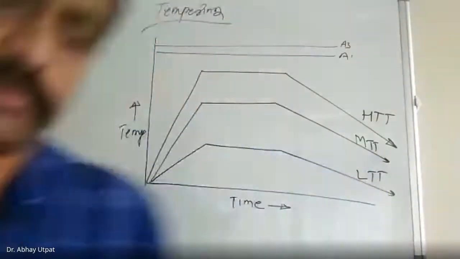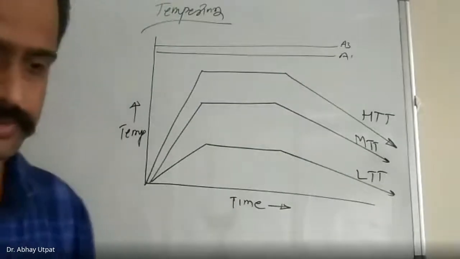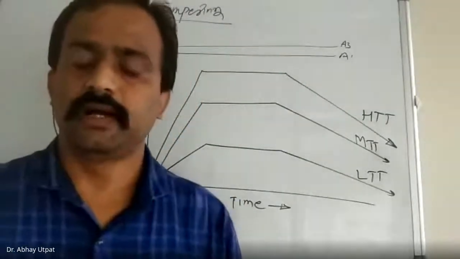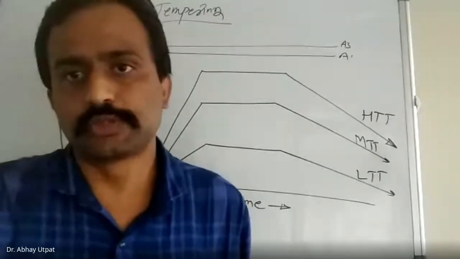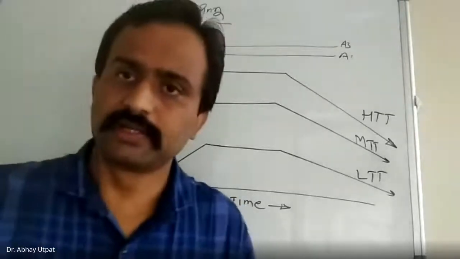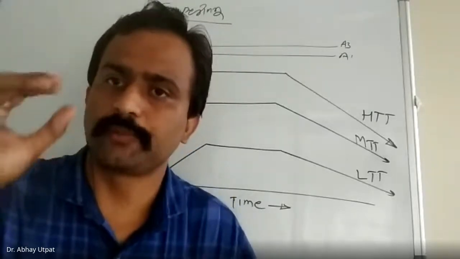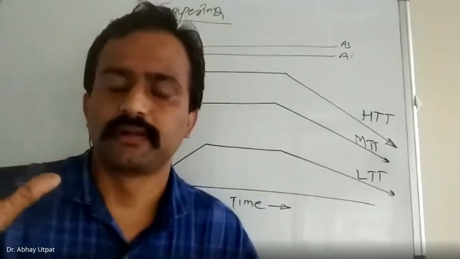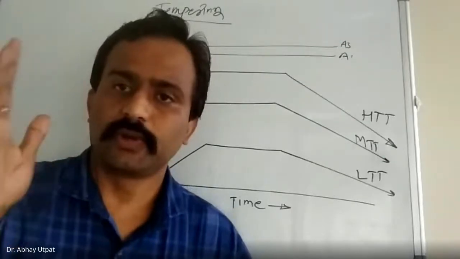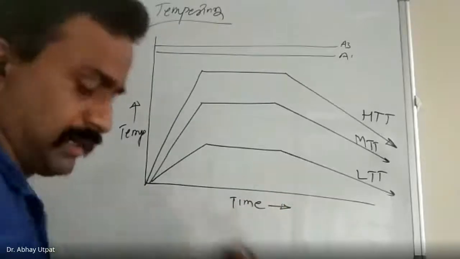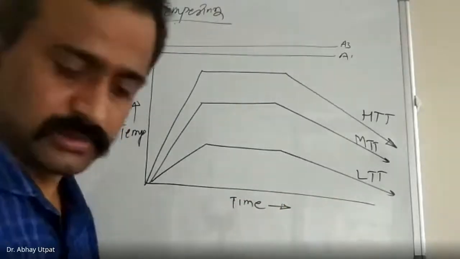So low temperature tempering means what? Hardened samples are heated in the range of 150 degrees Celsius to 250 degrees Celsius. That is the range of low temperature tempering. What is the microstructure of your hardened sample? May I erase this figure?